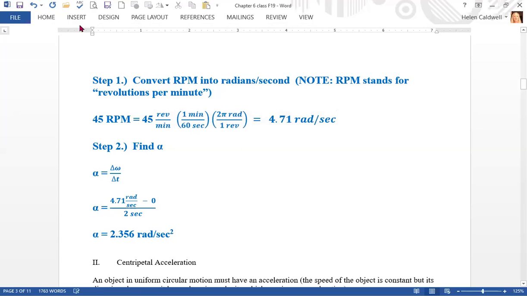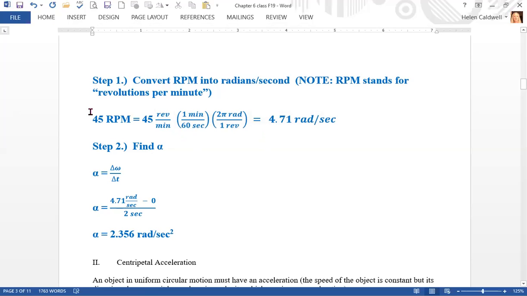So I have, going across the top, 45 multiplied by 1 multiplied by 2 multiplied by pi equals a number. And you divide that number by 60 because 60 multiplied by 1 is still 60. Revolutions cancel revolutions, minutes cancel minutes. We're left with radians per second, and the number is 4.71.